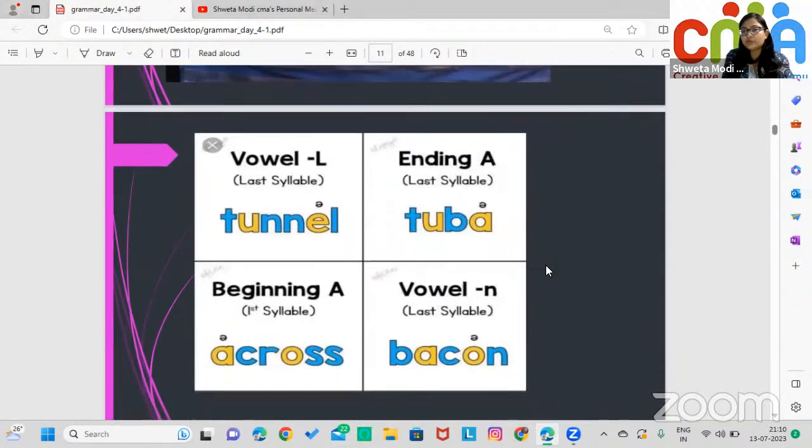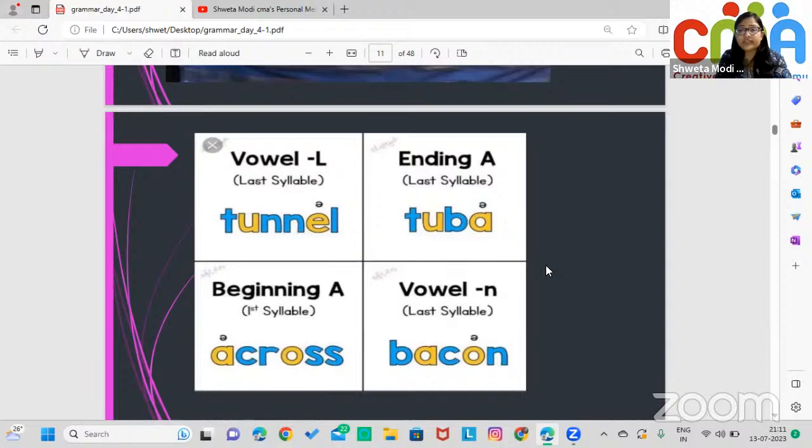As such, there is no particular rule, but these four situations are where you will find a schwa sound. Whenever you have EL, that EL will always have the schwa sound. E is never going to make a sound with L; it will always be uh.